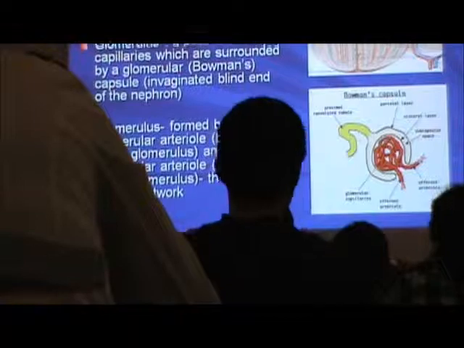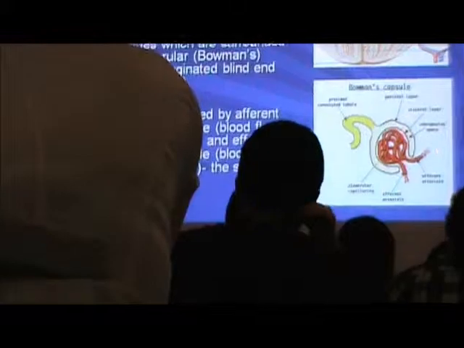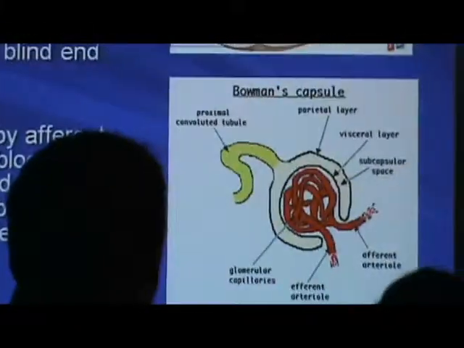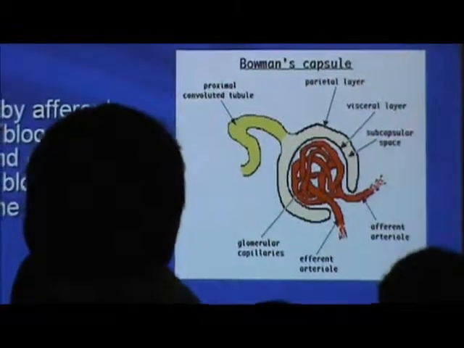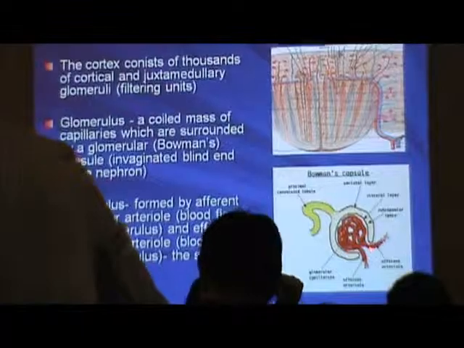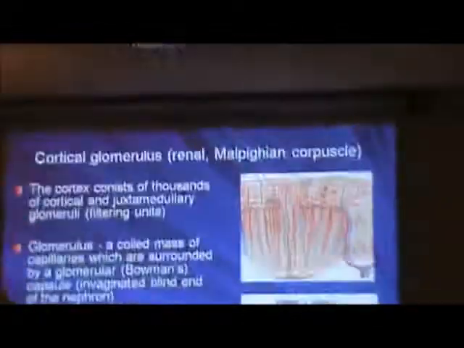With the liver, with the portal venous system, it was a strange venous network. Here we have a strange arterial network, because an artery changes into the next artery: the afferent glomerular arteriole and the efferent glomerular arteriole.